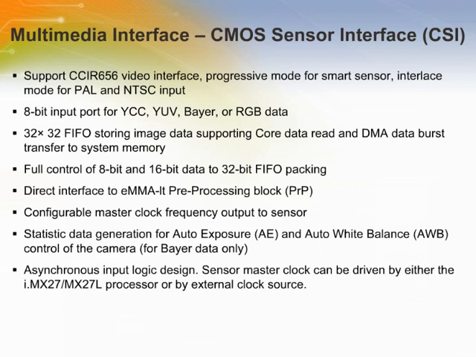The CMOS sensor interface is a logic interface that enables the i.MX27 and MX27L processors to connect directly to external CMOS sensors and CCIR656 video sources. The sensor port provides a connection to either one or two image sensors, of which only one sensor can be active at any given time.